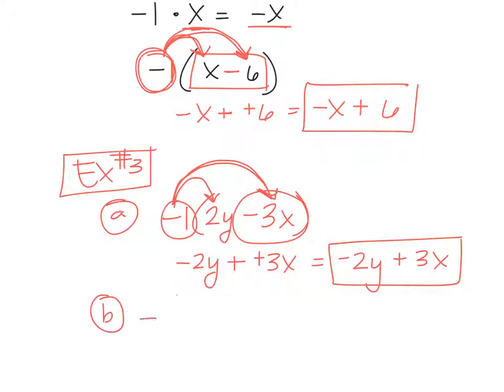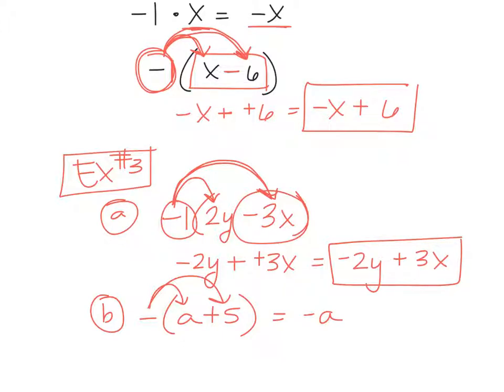All right, what is this? A negative a plus 5. If we distribute that, what do we get? What do we get? -1a, which we're just going to call -a. And then what? Okay.